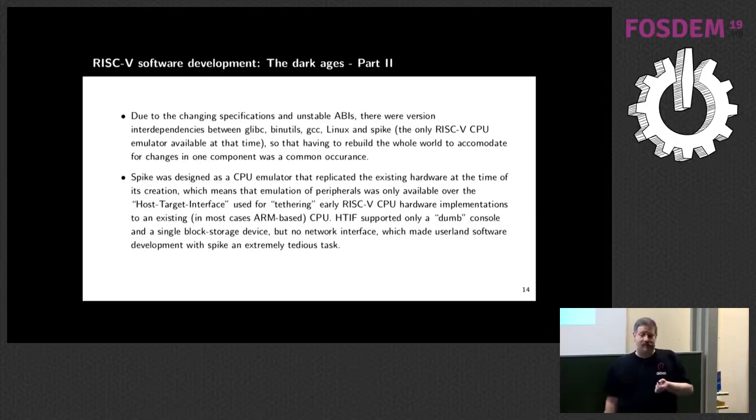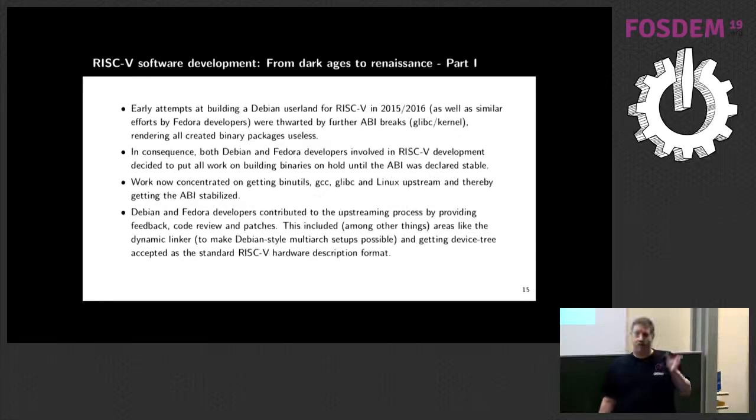Due to the ABI breaks and the incompatibilities in the toolchain, all early attempts at actually building packages have not been successful. So both Fedora and Debian developers have chosen instead to work on getting stuff upstream and getting binutils, GCC, LLVM and the kernel stabilized, so that we have a stable ABI and can be sure that stuff that we build today still works tomorrow.